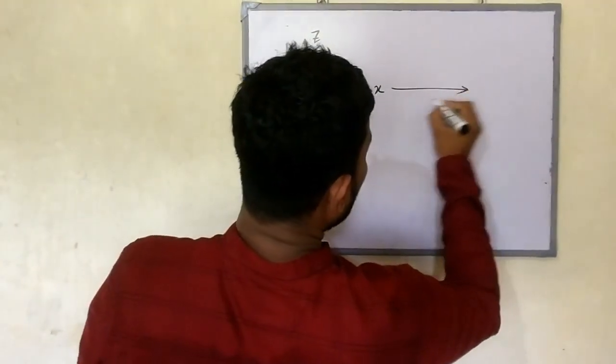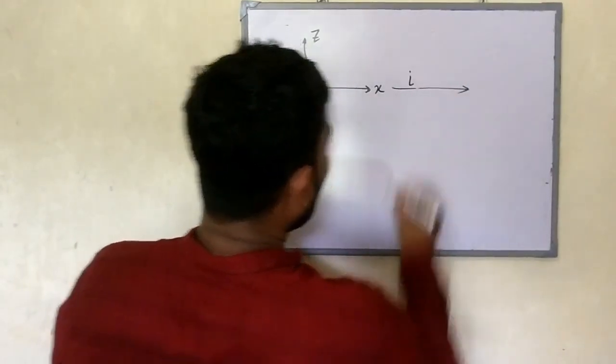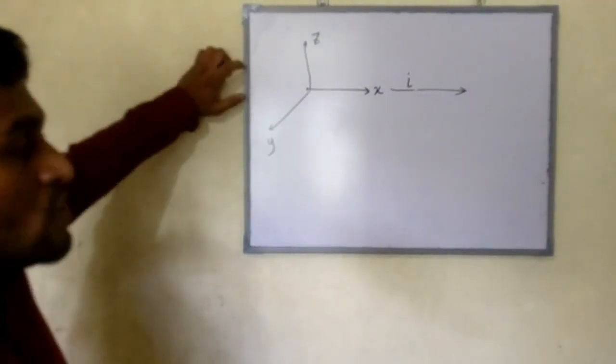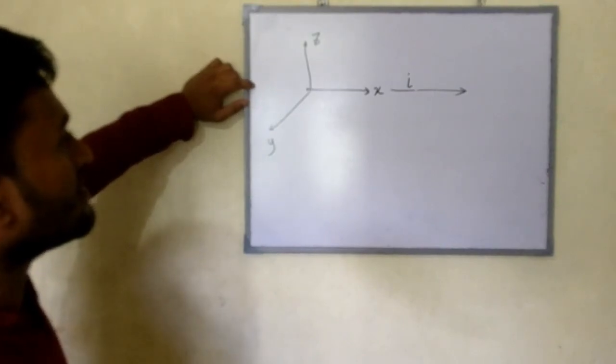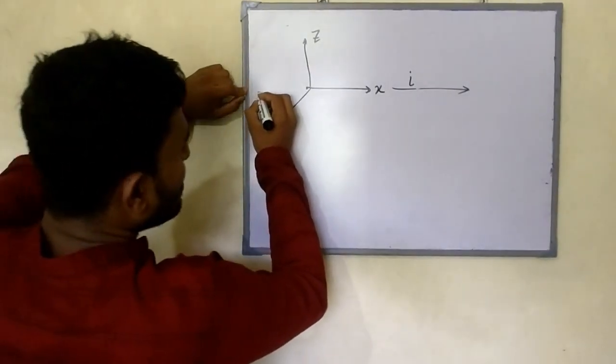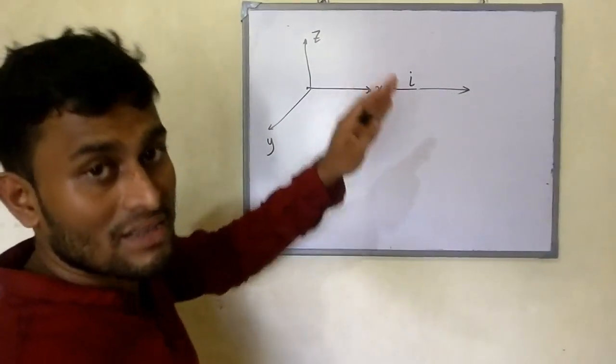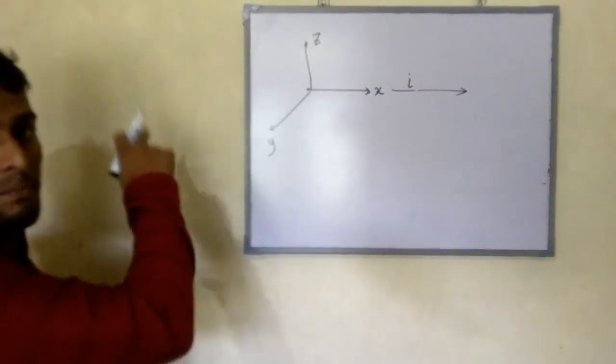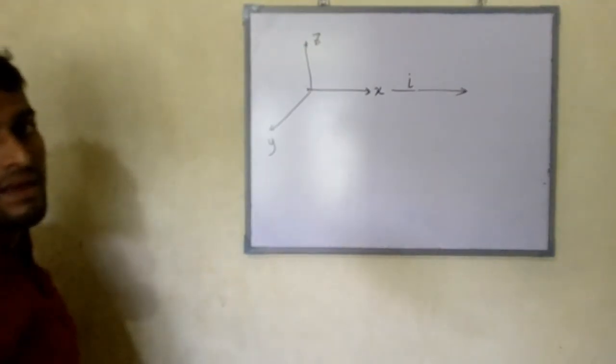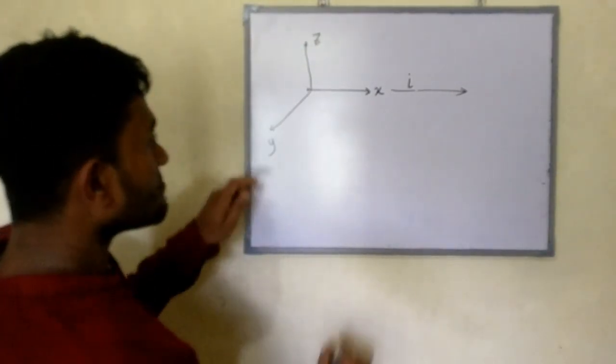If you perform inversion i, what will happen? You know, in the center of inversion, we just put a straight line and see at the same distance, is there a particular atom or not.